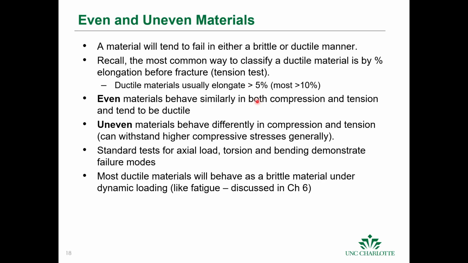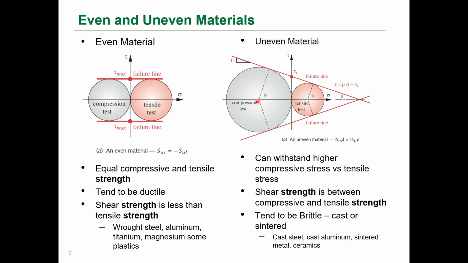Uneven materials behave differently in compression and tension, and usually they can withstand higher compressive forces. So you can think about your cast materials, your ceramics, your cast irons, things like that. We can just use a standard test to find the failure modes. Most ductile materials are even materials, and so they can have the same failure mode in both tension and compression.